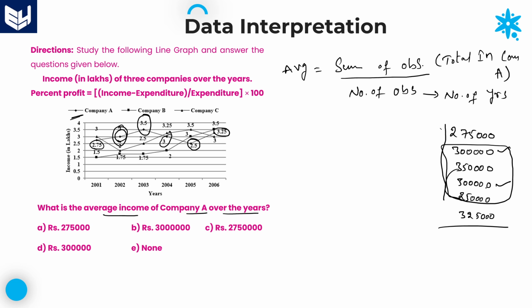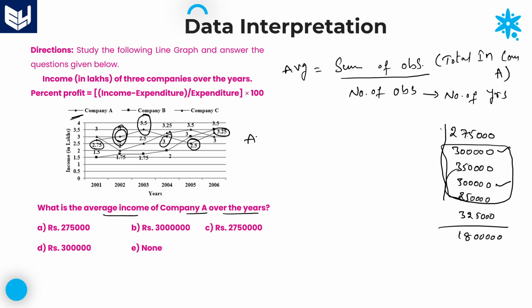And then 25,000, if you add 25,000 to this, it will be 3 lakhs. 3, 3, 6. Again total all together 6, 6, 6, 18 lakhs. Total all together it is 18 lakhs.